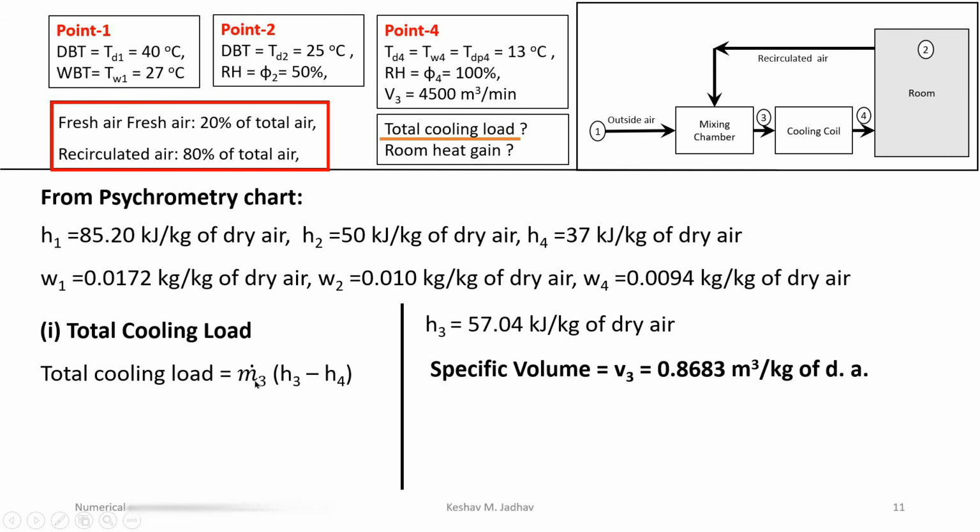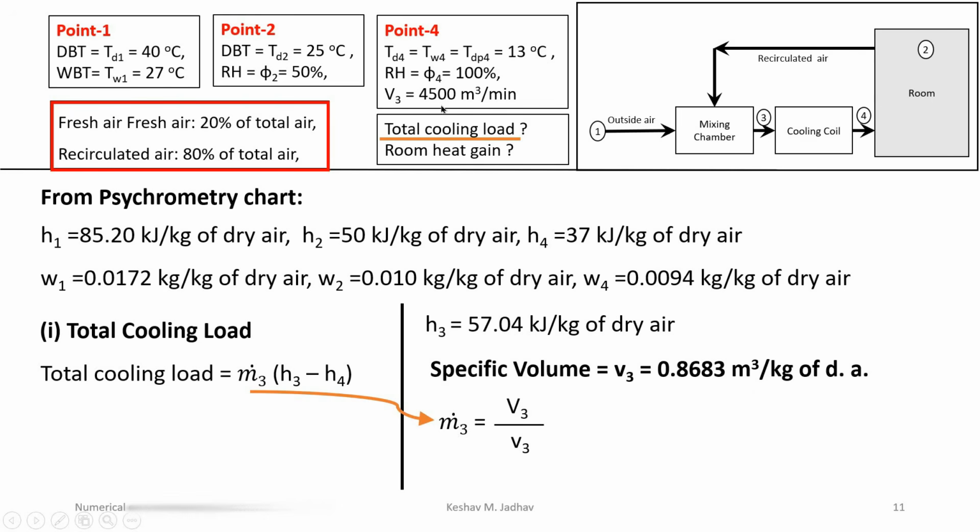Now we have to calculate the value of M3, that is the mass flow rate of air which is passing over the cooling coil. The mass flow rate M3 will be equal to the volume of air divided by the specific volume of air. The volume of air is given as 4500 meter cube per minute, and the specific volume we just got from the psychrometric chart.